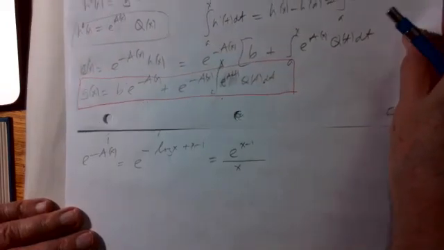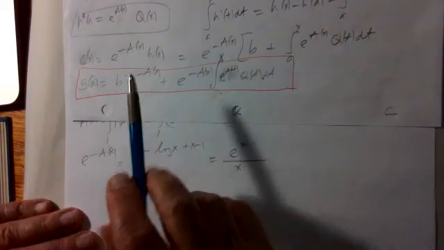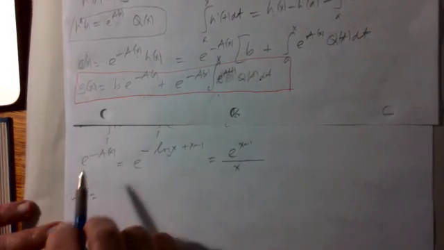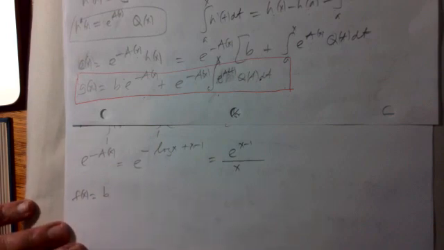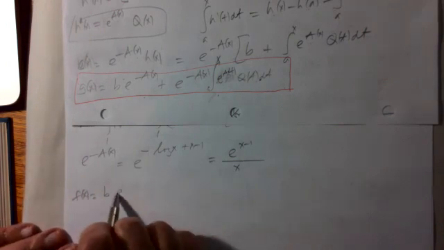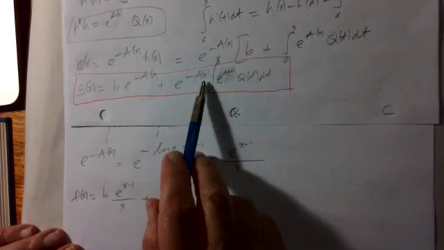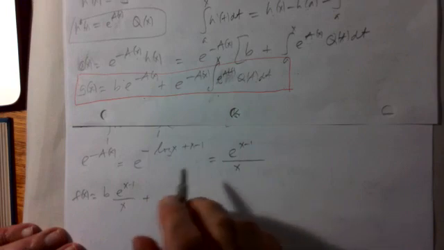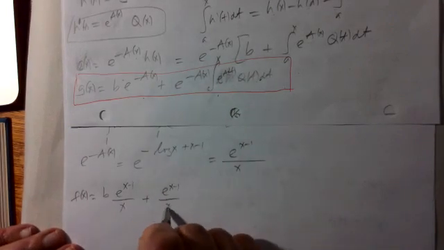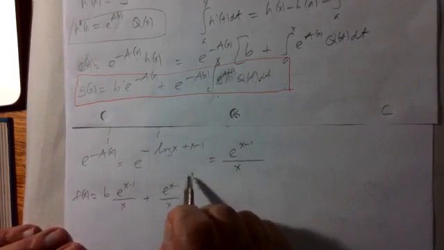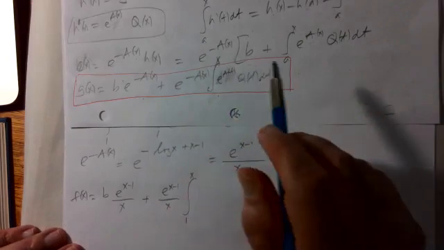Now, what's the solution of the differential equation? Here's the formula I had worked out. So f of x is equal to b, that's just the value of the function at 1, times e to the minus a of x, that's e to the x minus 1 over x, plus e to the minus a of x, that's e to the x minus 1 over x, times the integral from 1 to x of e to the a of t.